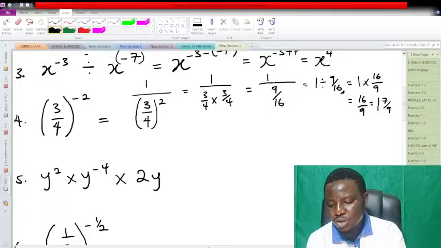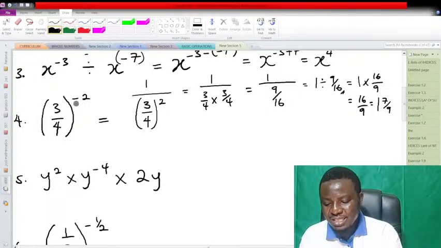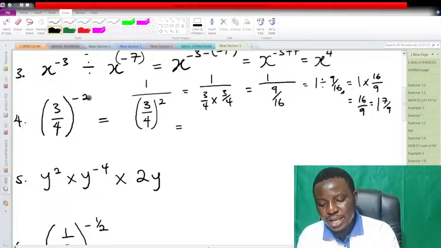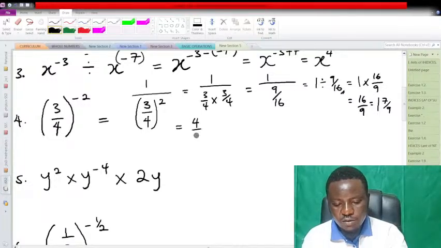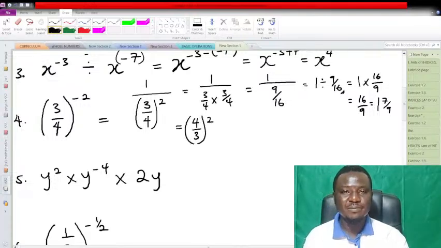So immediately you see this, at this point, I can take this to be equal to reciprocate or invert the fraction and remove the negative power, the negative sign, so that this can be said to be 4 divided by 3 all squared.